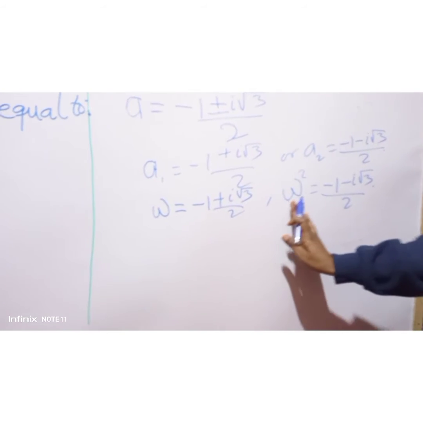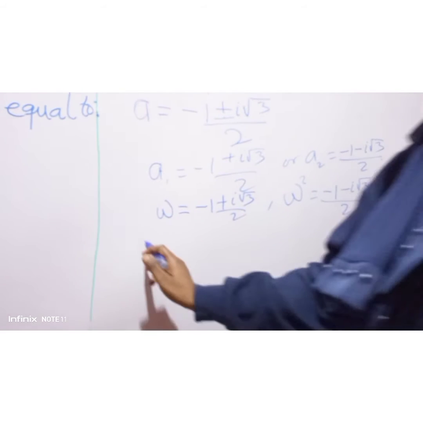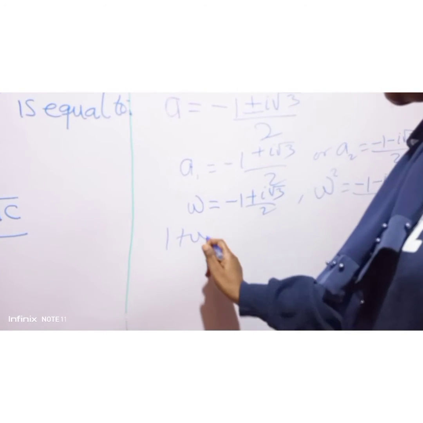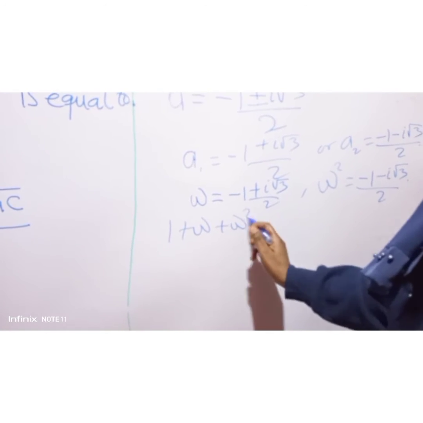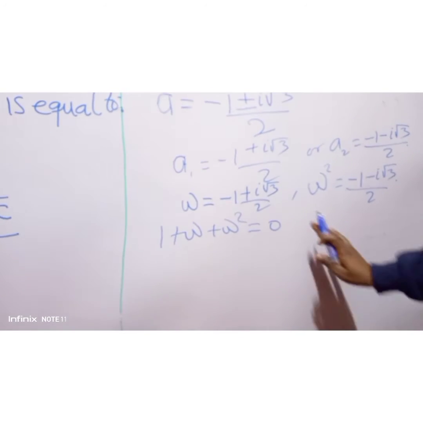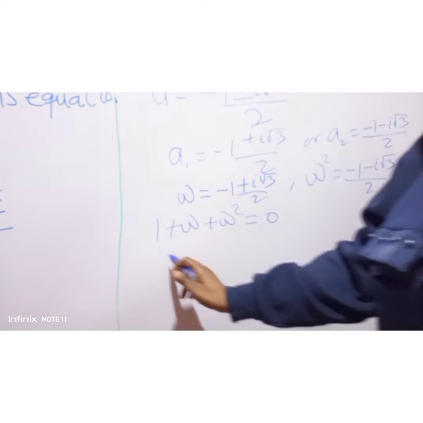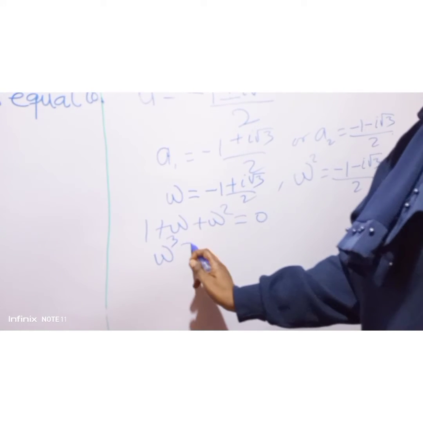So we are going to use this omega. So we have 1 plus omega plus omega squared is equal to 0. So you have to know all this. And you have to remember that omega cubed is equal to 1.